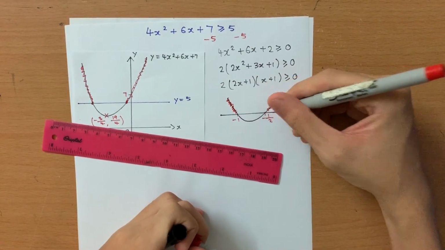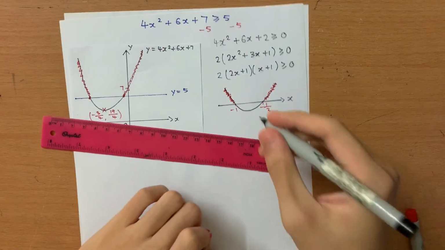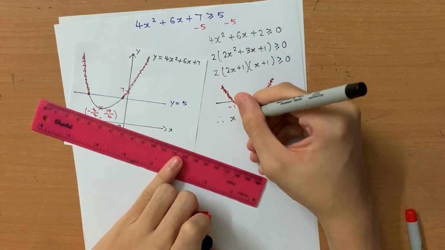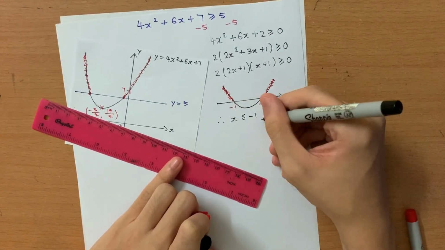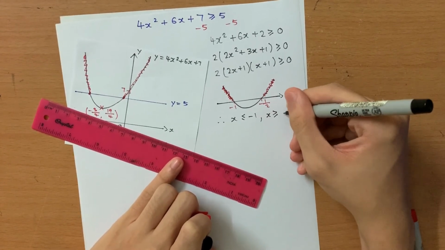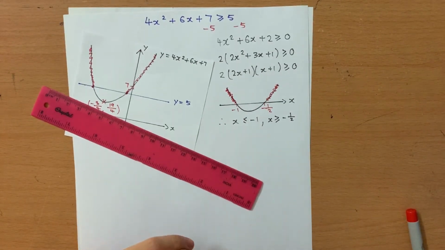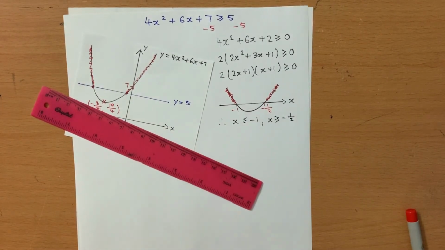And so we can conclude that x is less than or equal to negative 1 and x is greater than or equal to negative half. That is our solution. This will be the range of x so that 4x squared plus 6x plus 7 is greater than or equal to 5.